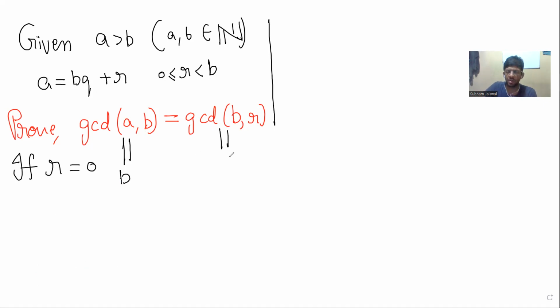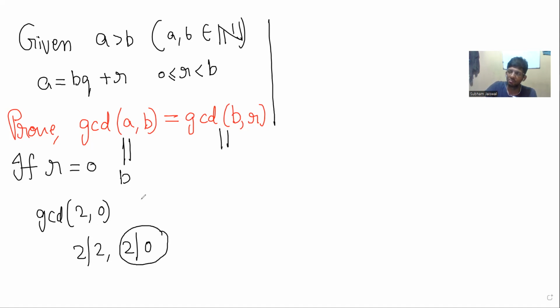So it should not be 0. What is the GCD of 2 and 0? I am saying that it should be 2, because 2 divides 2, but 2 also divides 0. Now, why do we say 2 divides 0? Would anybody want to explain this? It's just a logical point.